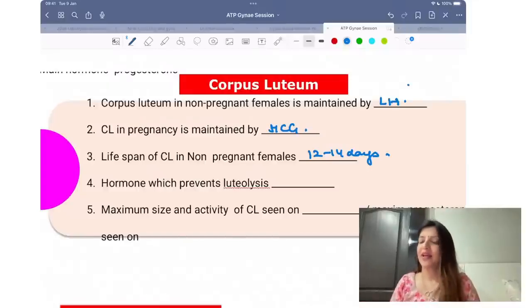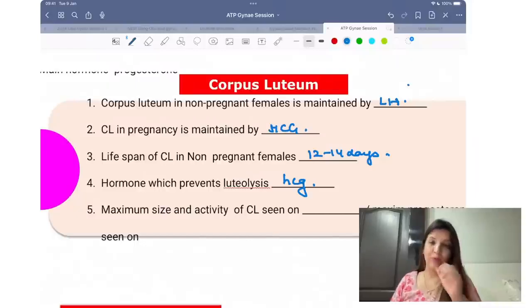It's okay. Now tell me which hormone prevents corpus luteum from dying. So proud of all of you. It is HCG. Corpus luteum is about to die, but अगर female pregnant होती है, then HCG prevents corpus luteum from dying.